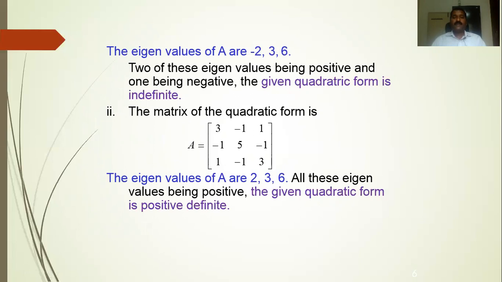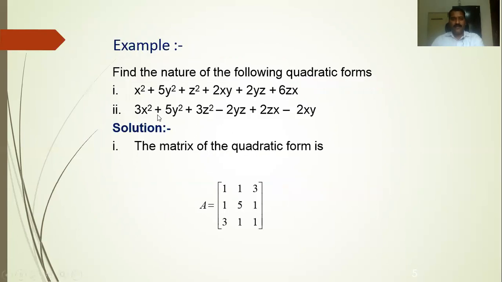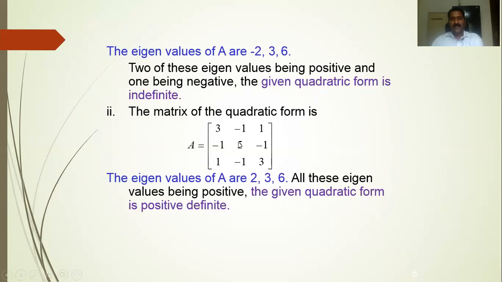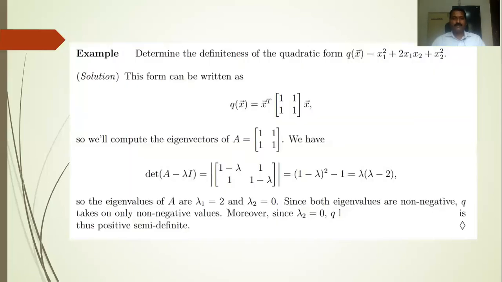One of them is negative, others are positive, so this is indefinite. Second example, this is a quadratic and we know its matrix is given by this, and its eigenvalues are 2, 3, 6. All of them are greater than 0, so we say that this quadratic is said to be positive definite.